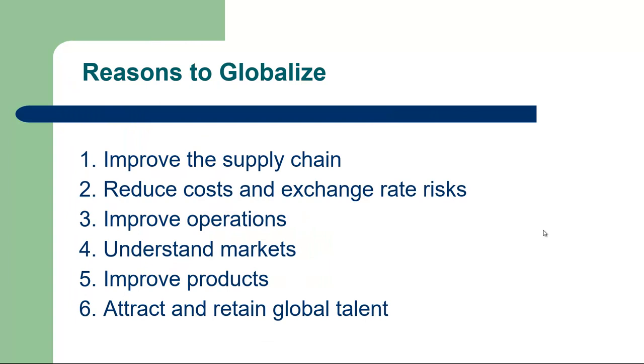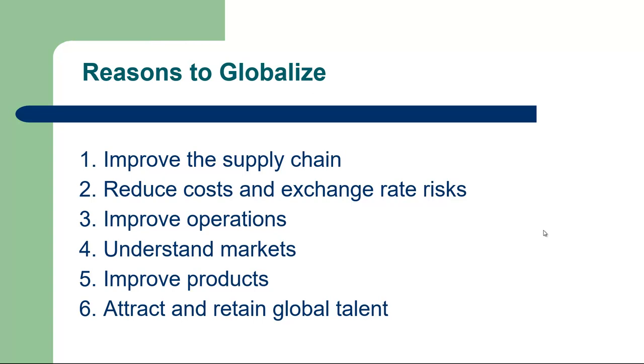Why do we tend to work in a global environment? There are tangible reasons that will make us extend our operations to a global level, and there are intangible reasons.